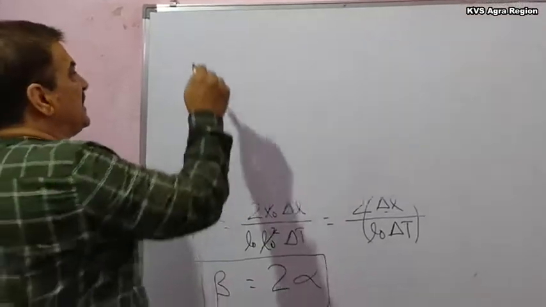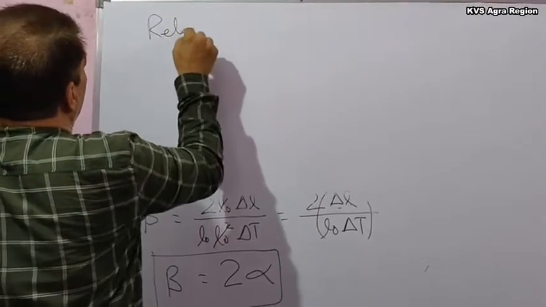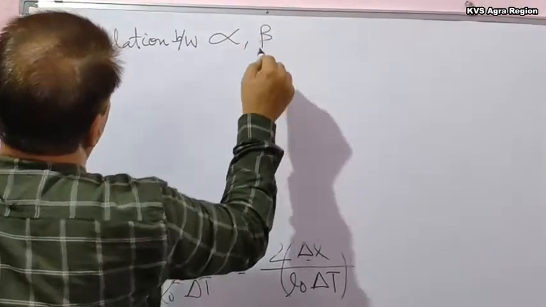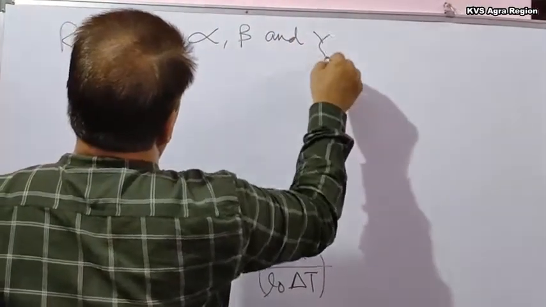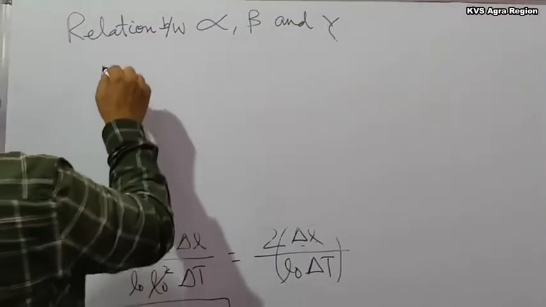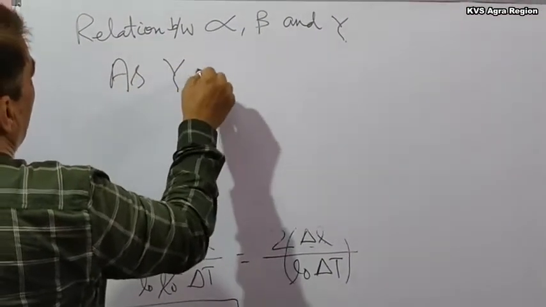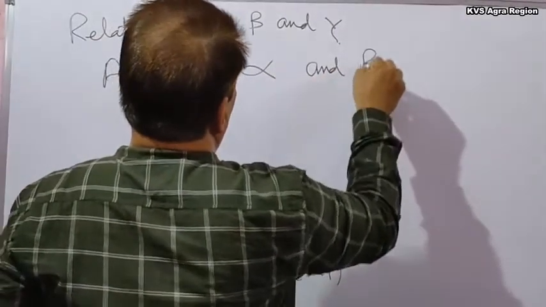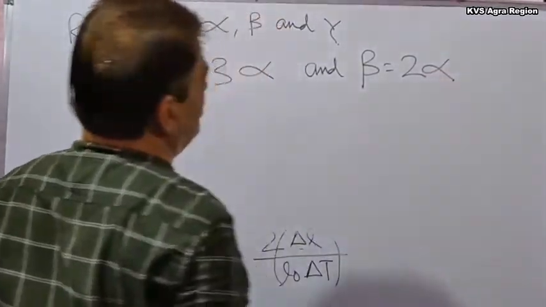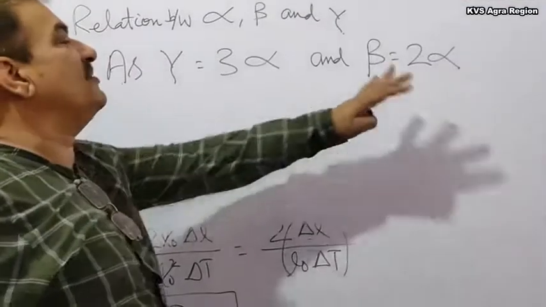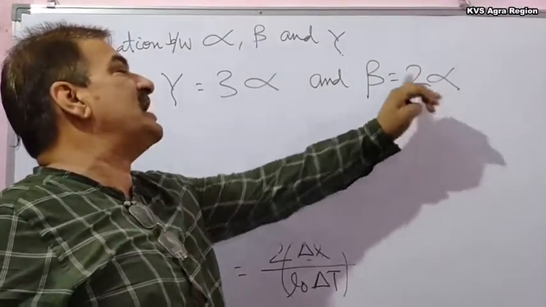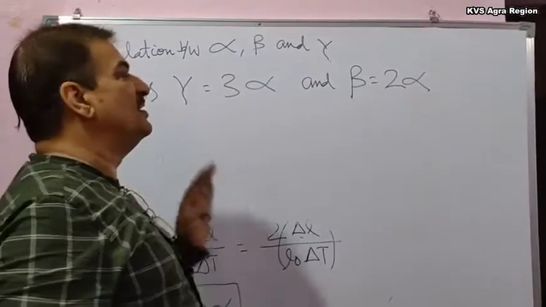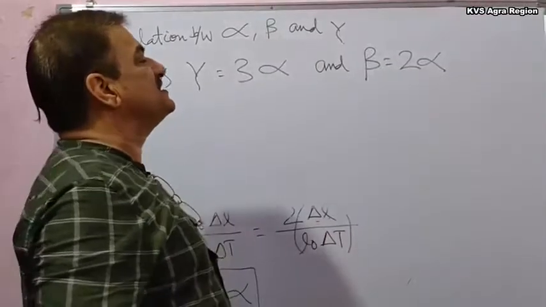Now, the relation between all these three, alpha, beta and gamma. As gamma is equivalent to 3 alpha and beta is equivalent to 2 alpha, from here we conclude that beta is 2 times alpha and gamma is 3 times alpha. So what will be the relation between these three?